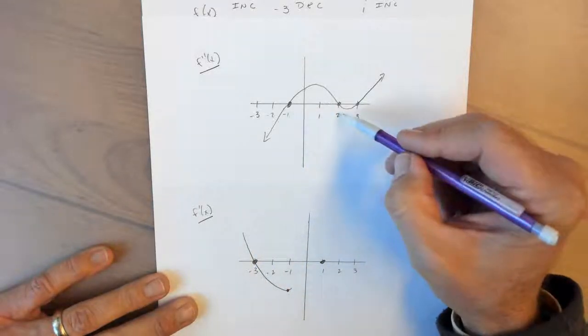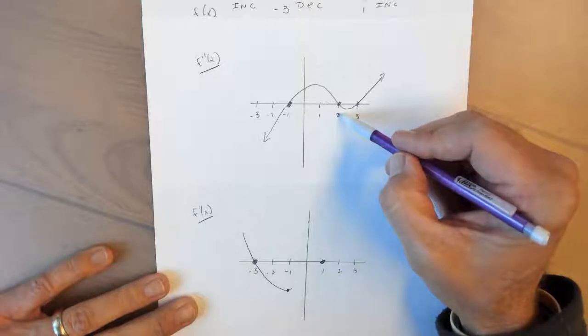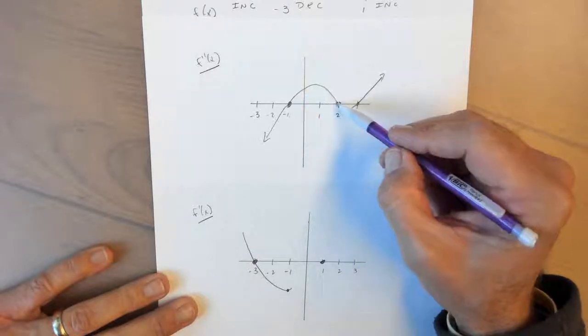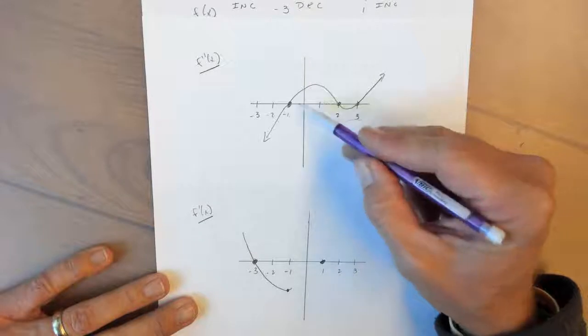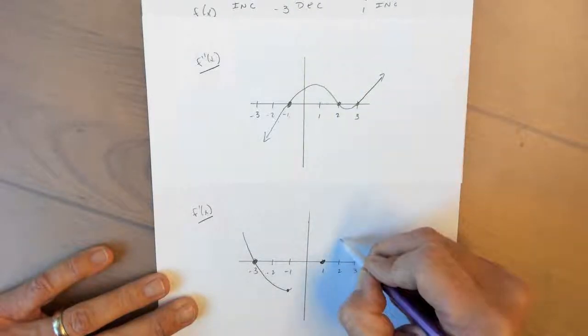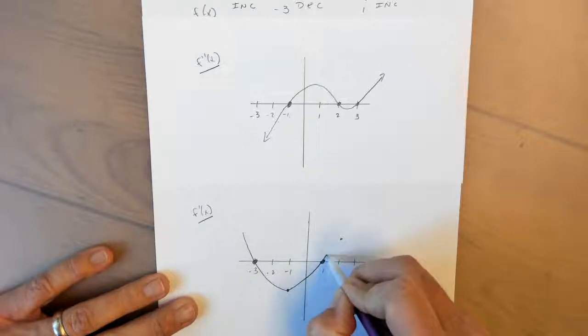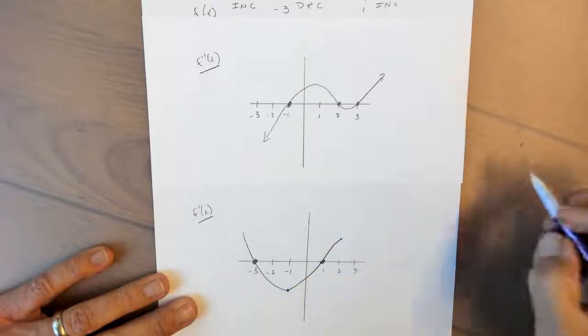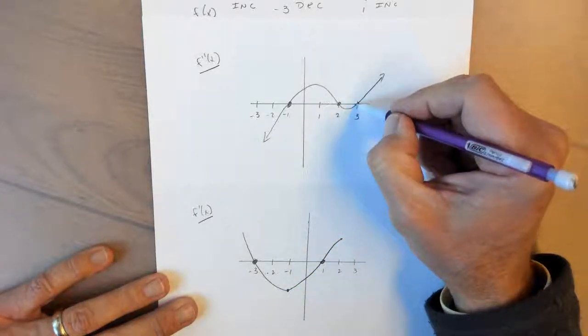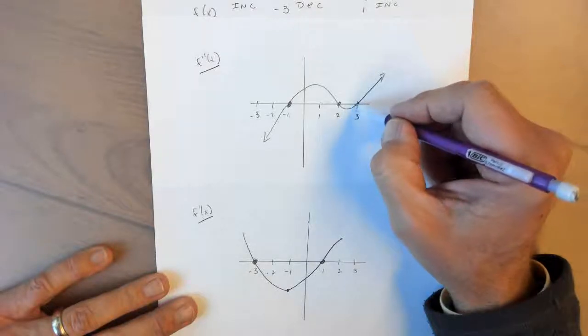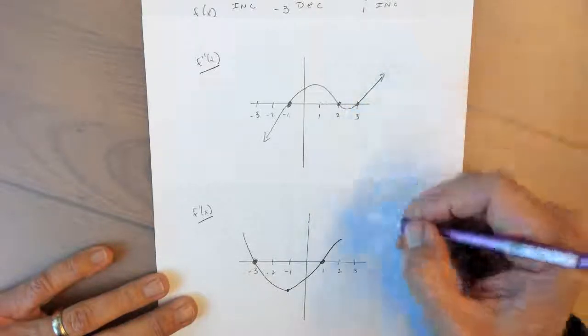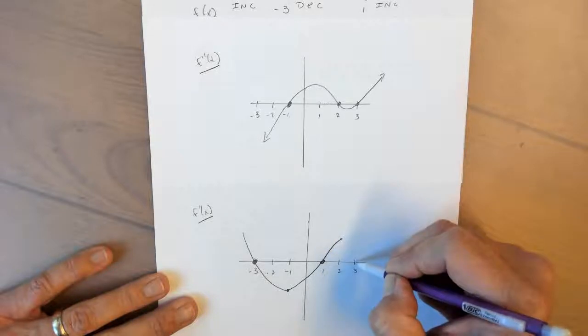So now from negative 1 to 2, the second derivative is positive, which means the first derivative would be increasing. So we're increasing all the way to 2. Here's our 0. And then from 2 to 3, the second derivative is negative. Therefore, the first derivative will decrease.